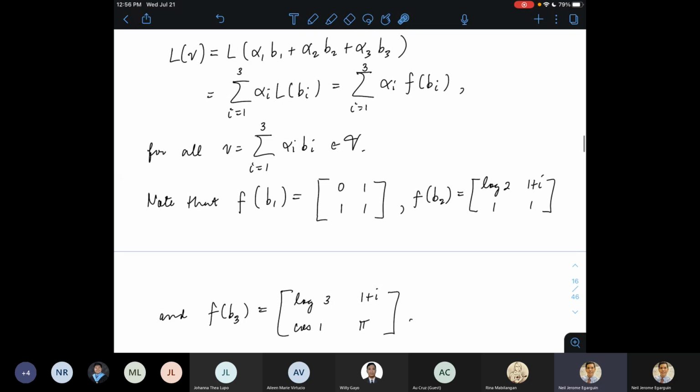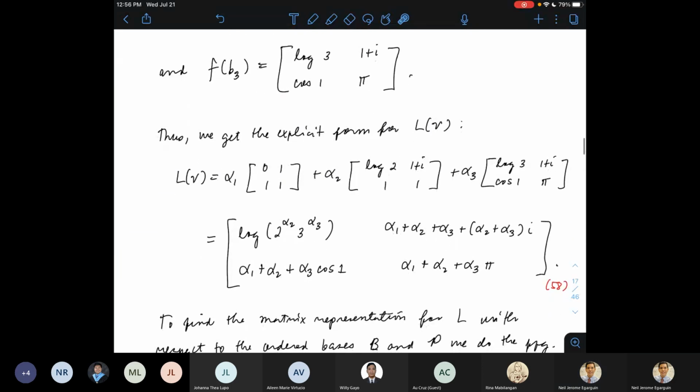So these are the images of the basis elements under f. And then since we said that L for an arbitrary vector v is the sum of scalars times f of bi, if I have a vector v with coordinates alpha 1, alpha 2, and alpha 3, then the mapping L will give me back this matrix.